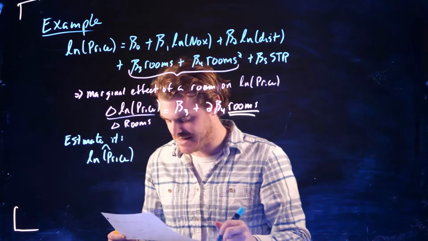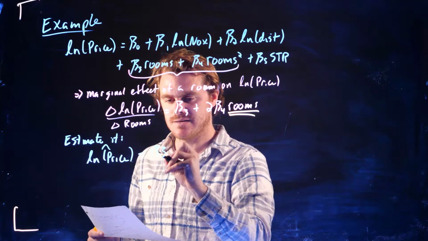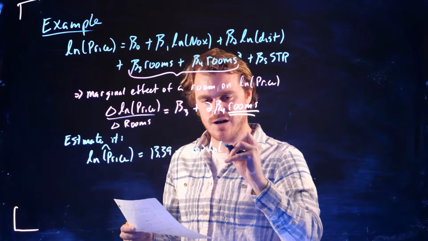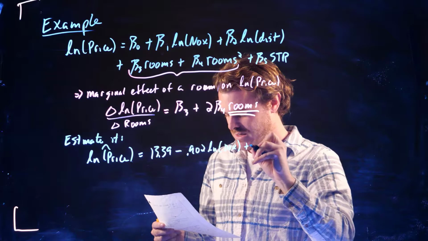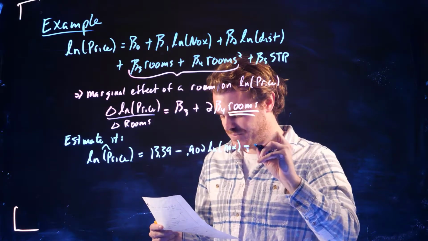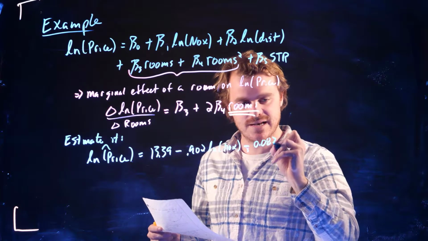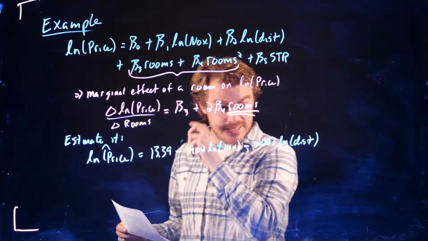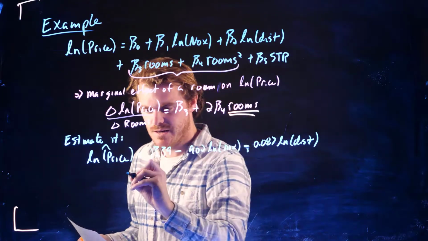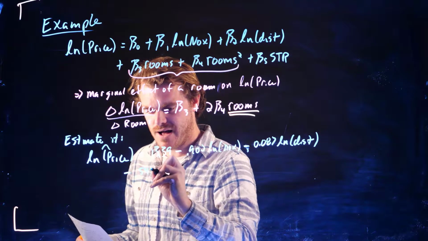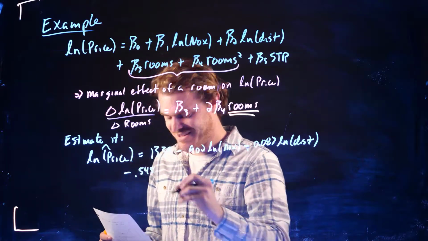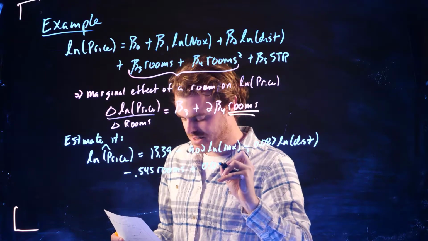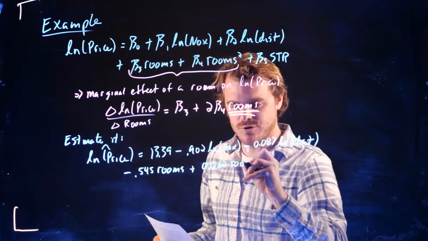So, hat, because it's estimated, let's say this is the intercept, minus 0.902 times the log of nitrous oxide, minus 0.087 times the log of distance, I think that's to an incinerator or community center or something like that, minus 0.545 times the number of rooms, plus 0.062 times rooms squared.